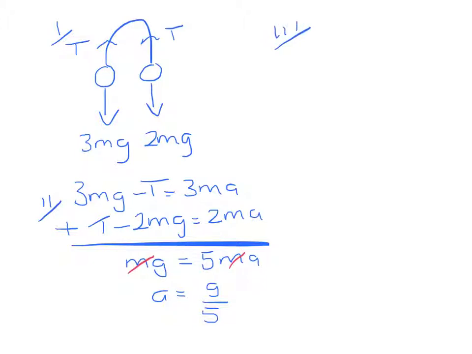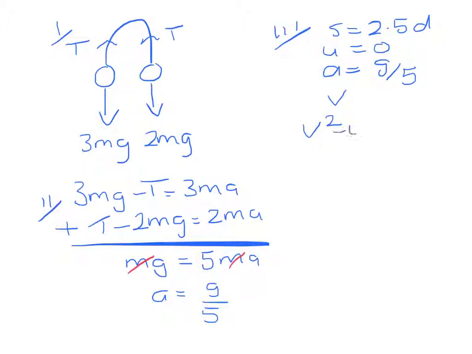The particle will hit the floor when it has travelled a distance of 2.5d. Its initial velocity is 0. Its acceleration we've just worked out is g over 5, and we are trying to work out the speed v. So I'm going to use v squared minus u squared equals 2as.